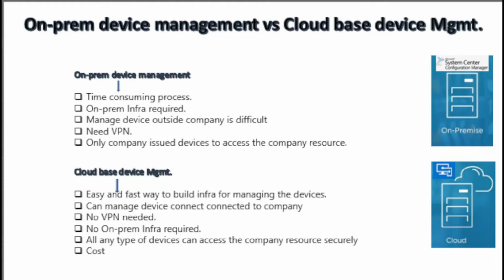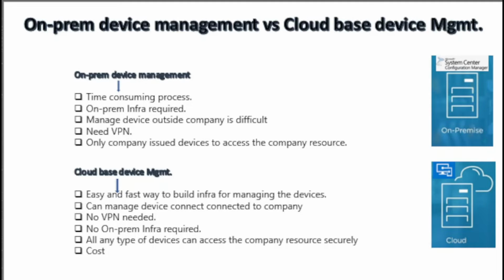But when we talk about cloud-based device management tool, this is the easiest and fastest way to build infra for managing the device. This helps admin to manage the device over the internet as well as intranet. This will remove the dependency of VPN solution.